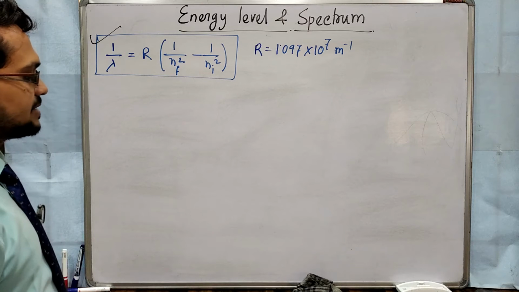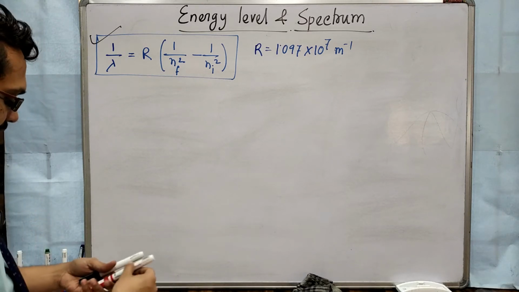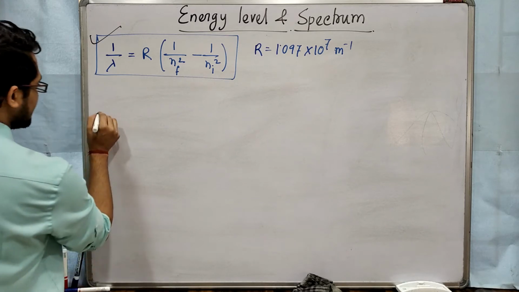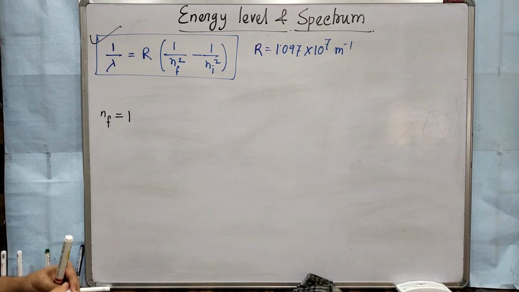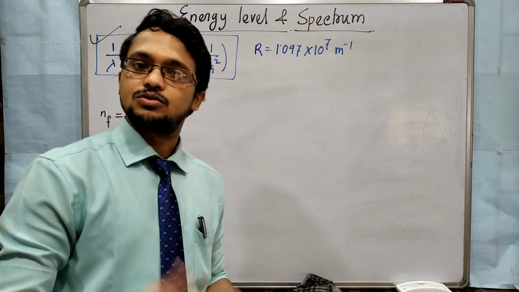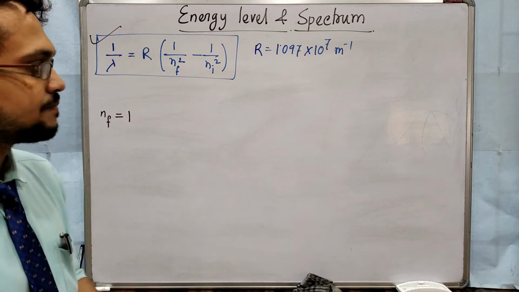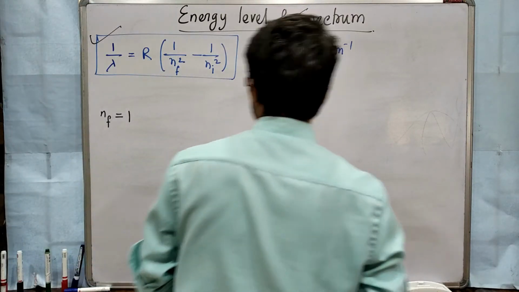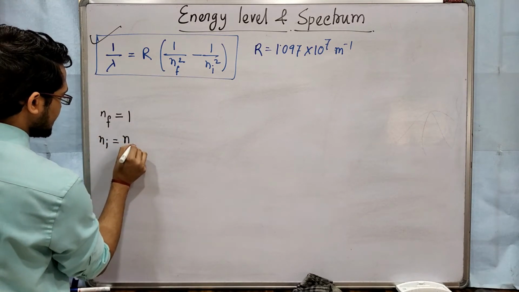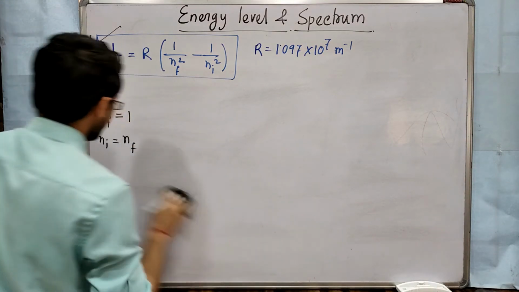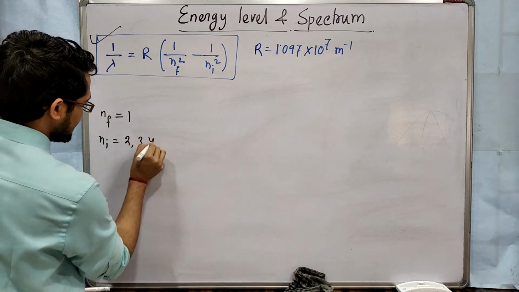First I am telling about n equal to 1. When the final state Nf equal to 1, electrons may come from n equal to 2, n equal to 3, n equal to 4, but the final state will be 1, and Ni can be more than 1, that means 2, 3, 4 and so on.